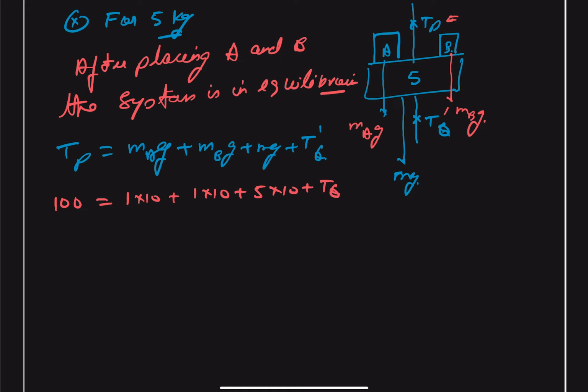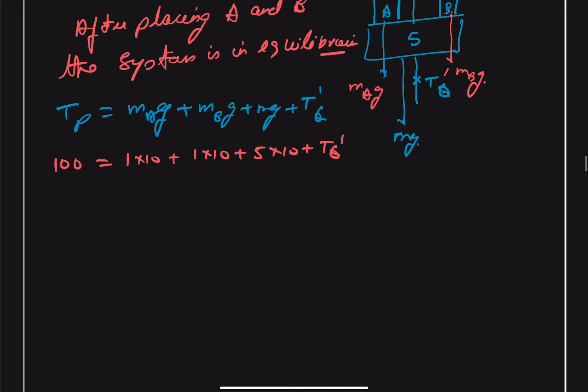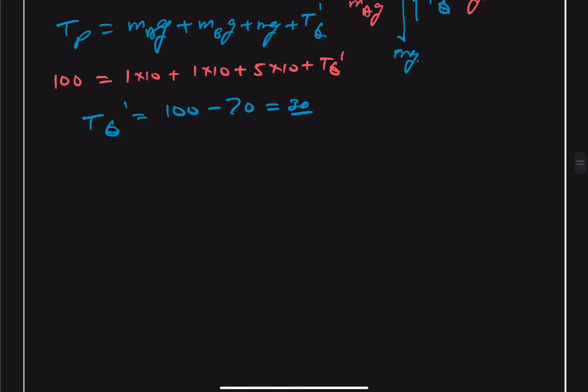So we can find out that our Tq prime will be equal to 100 minus 70, which comes as 30. Therefore, TQ prime is equal to 30 Newton.